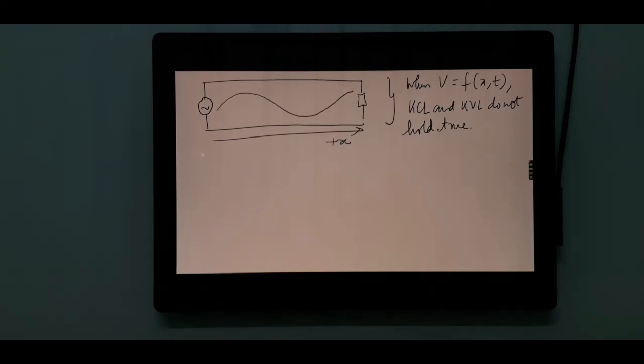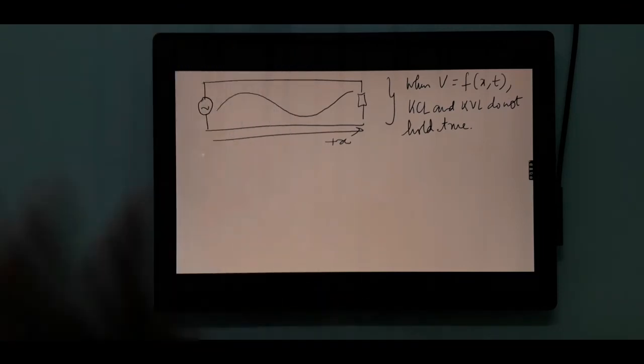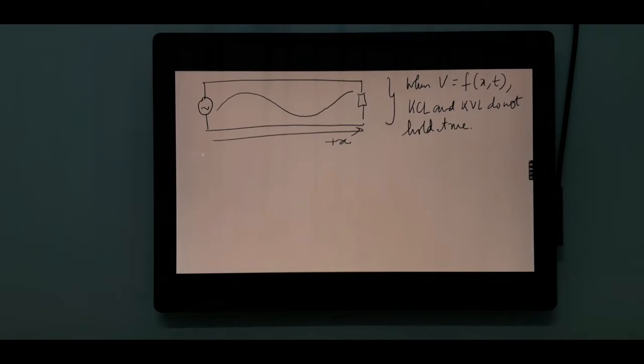So then, what can we do? As engineers, electrical or electronics engineers, all of us have some affinity towards KCL and KVL, and somehow we don't want to let it go. So the question is, can we do something in this setup and make KCL and KVL hold true?